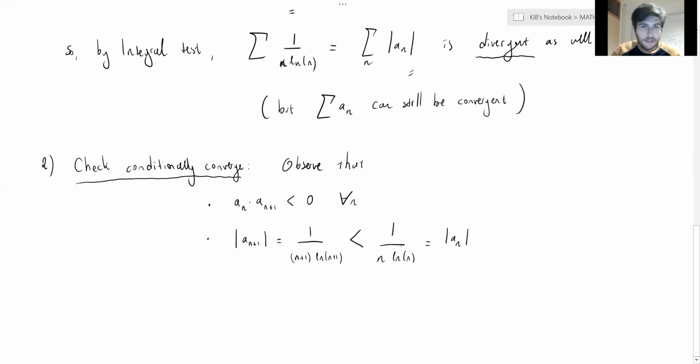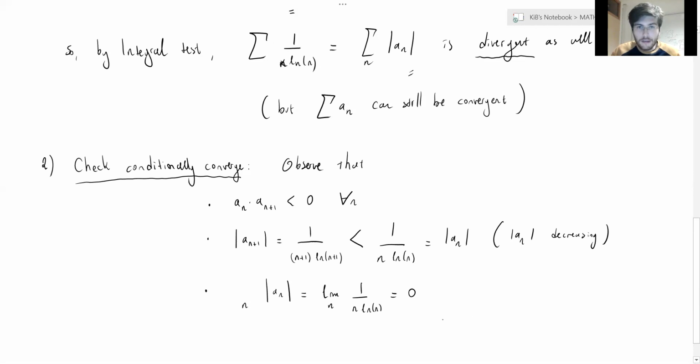So what does it tell us? a_n is decreasing. It is a decreasing sequence. And the last thing, if you look at the limit as n goes to infinity of 1 over n times ln n, this is just 0.